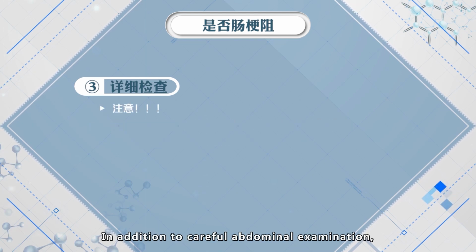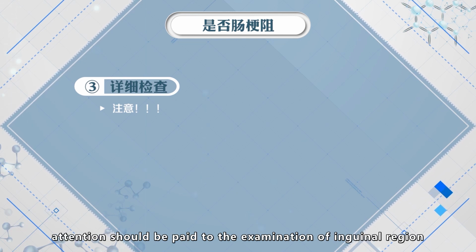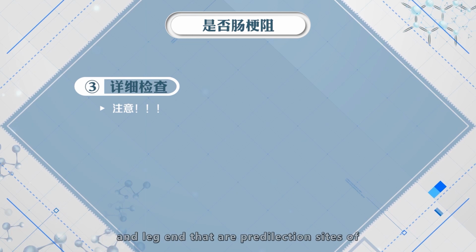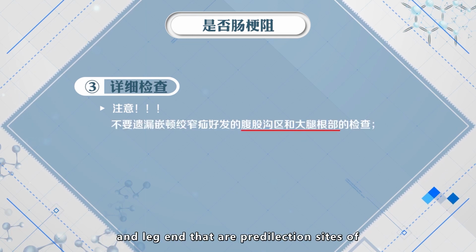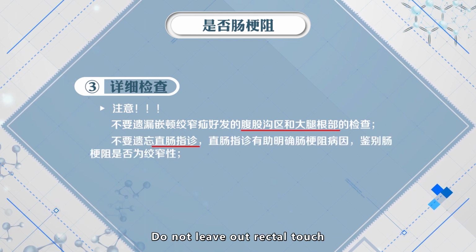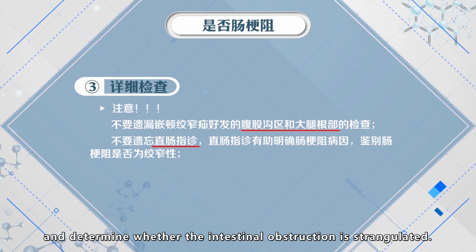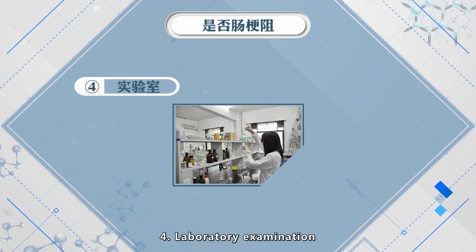In addition to careful abdominal examination, attention should be paid to the examination of the inguinal region and leg, which are predilection sites of incarcerated strangulated hernia. Do not leave out rectal touch, which helps to identify the cause of intestinal obstruction and determine whether the intestinal obstruction is strangulated.